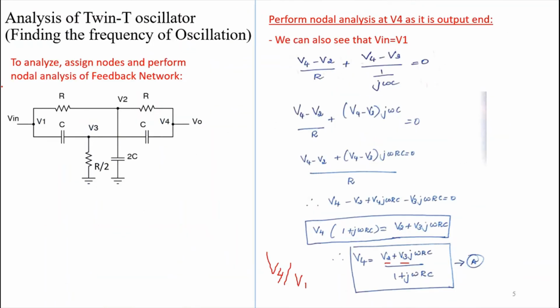In the first branch I can write the value as V2 minus V1 divided by R, and the second branch value is V2 minus V4 divided by R. The third branch value is V2 minus 0, so it's nothing but V2 divided by 1 by 2j omega c, because it is 2c.